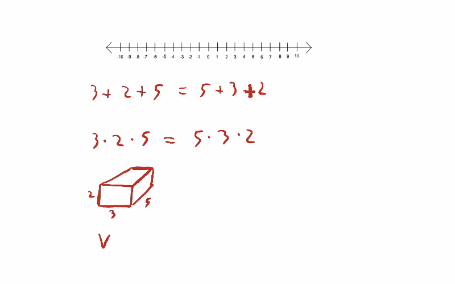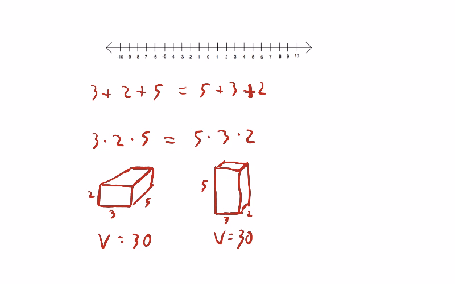We would get a volume that is equal to 30. If instead we turned around and had a box that was 5 units tall by 3 units wide in the front, and then only extended back 2 units, it would have exactly the same volume of 30. So this would be 5 units tall, 3 units wide, and going back 2 units.